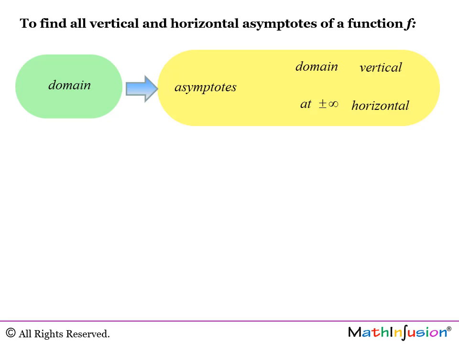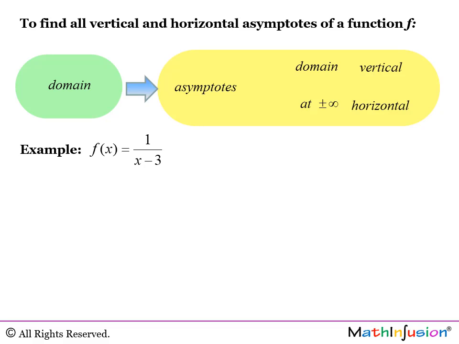Pay attention, it also depends on the domain, because some functions, for example logarithmic functions, have a domain of only positive numbers, so you cannot take the limit of the function when x approaches negative infinity. So the domain is a major issue when we are looking into asymptotes.